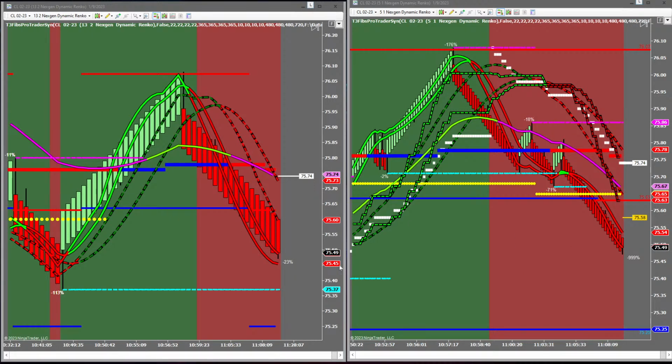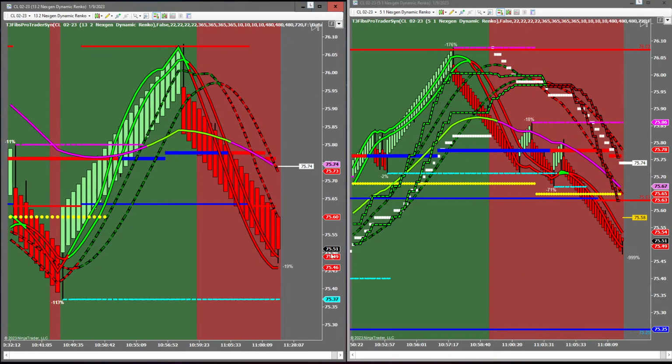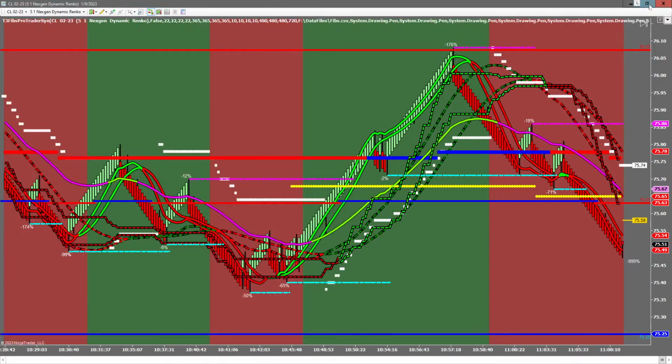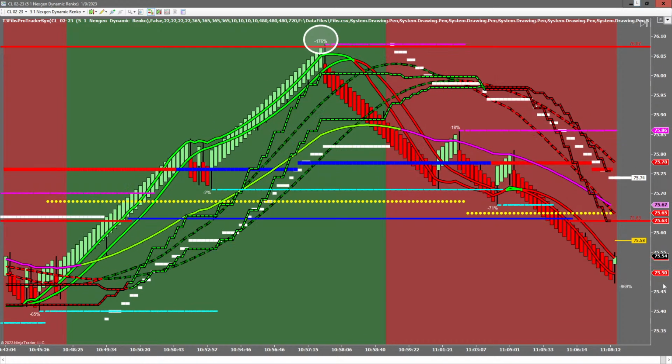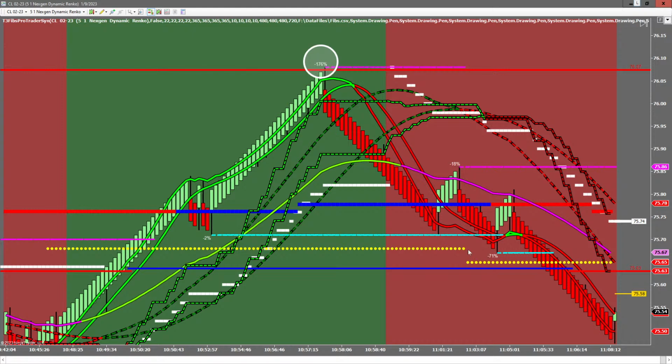So let's just say, for grins and giggles, I was going to do a momentum trade. My rules say I have to have divergence from fibs on all the charts, which we did. And then I would have to have at least passed the reversal bar marker, which was right here, which we did.